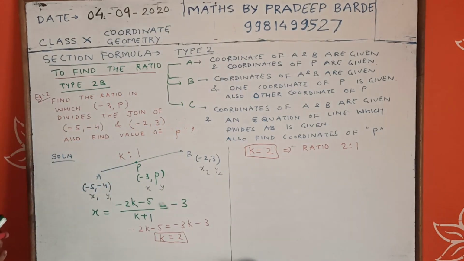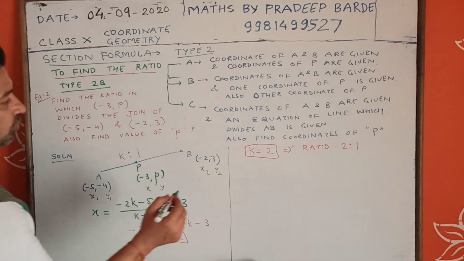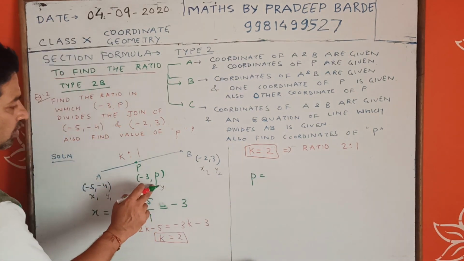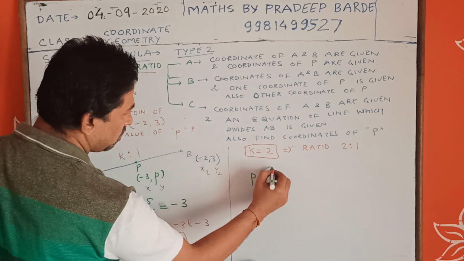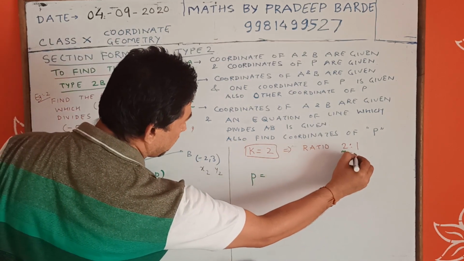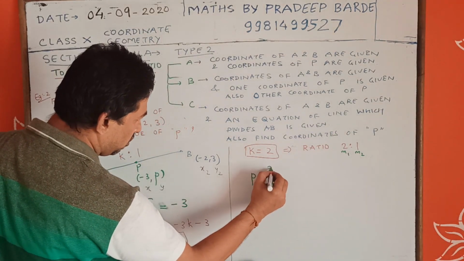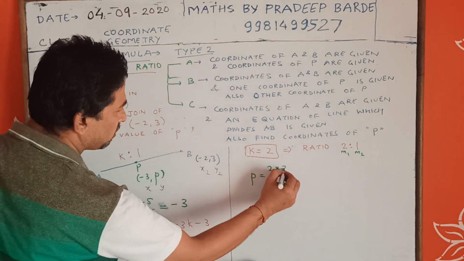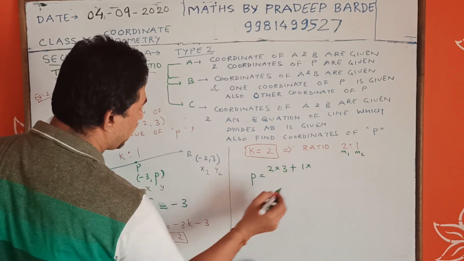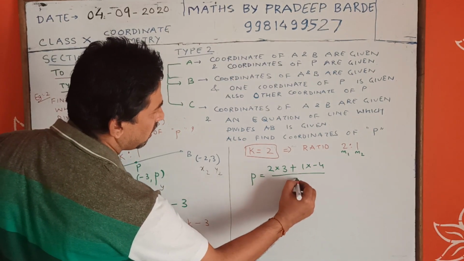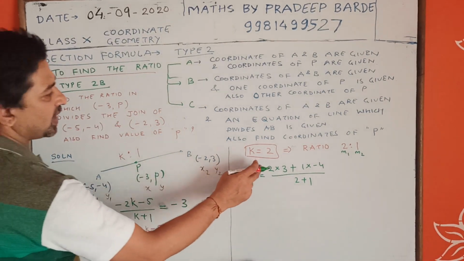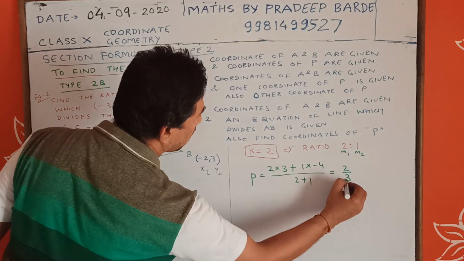2:1. अब हम 2:1 रेशियो लेकर के सेक्शन फॉर्मूला लगाते हैं तो we will get the value of p. So y is equal to, that means p is equal to m1 k, that is 2, this is m1 now and this is m2. m1 is 2 into 3 y2 plus m2 1 into y1 minus 4 upon m1 plus m2. 6 minus 4, 2 upon 3.